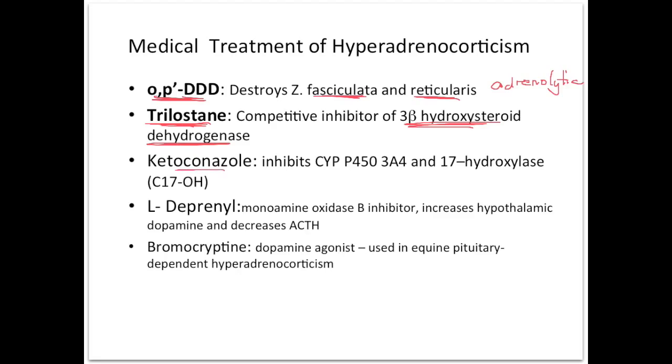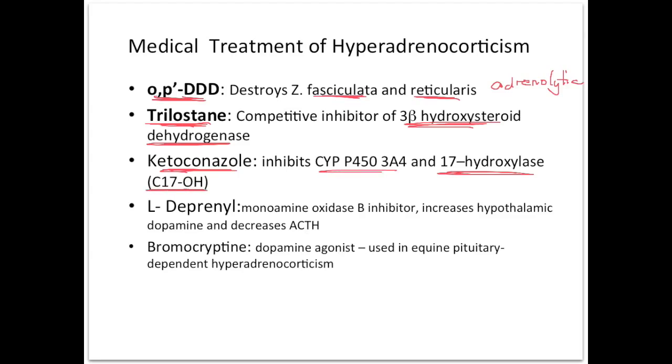Ketoconazole is a drug that was used for a little while in fairly high doses. This is much higher than the dose you'd use it for as an antifungal drug because of its 17-hydroxylase inhibition at higher dosages.